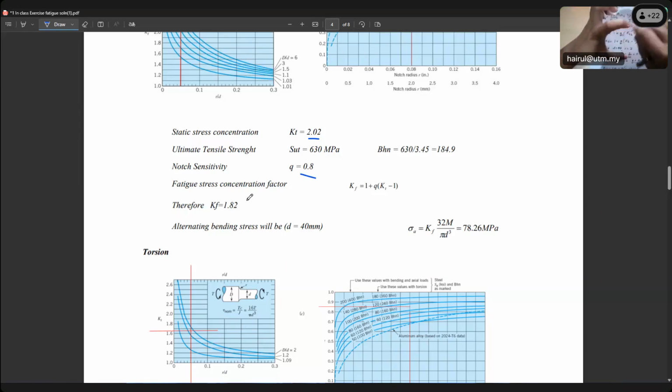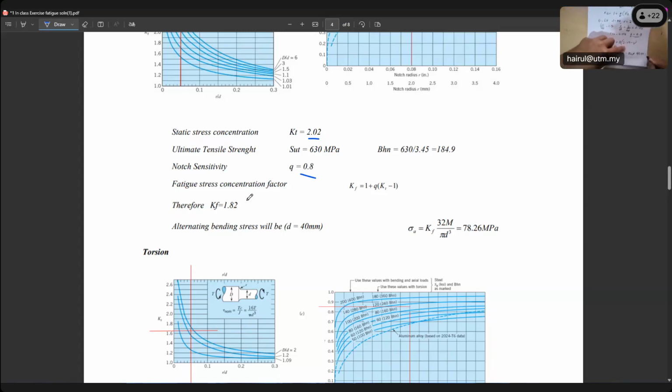At that notch we have more stress concentration, much greater compared with without notch, just a plain diameter. Be careful, that's why we need to multiply. So sigma bending is KF times sigma bending O. O means nominal, without multiplication, the first one. So we need to multiply. It means 1.82 times 43 megapascal.